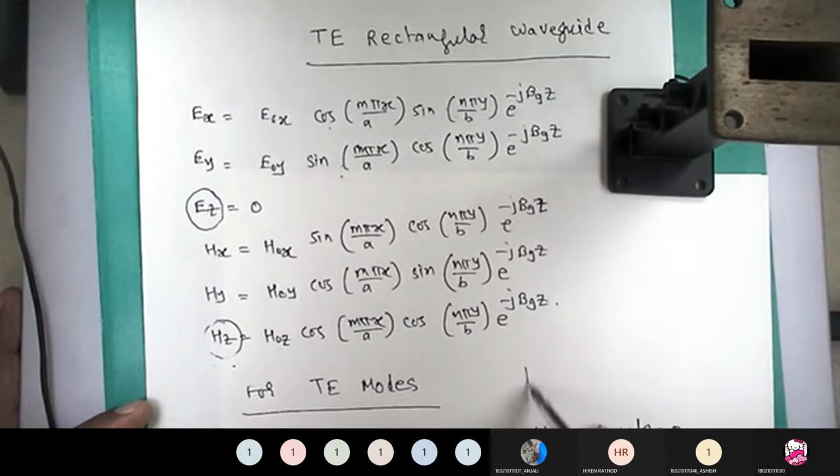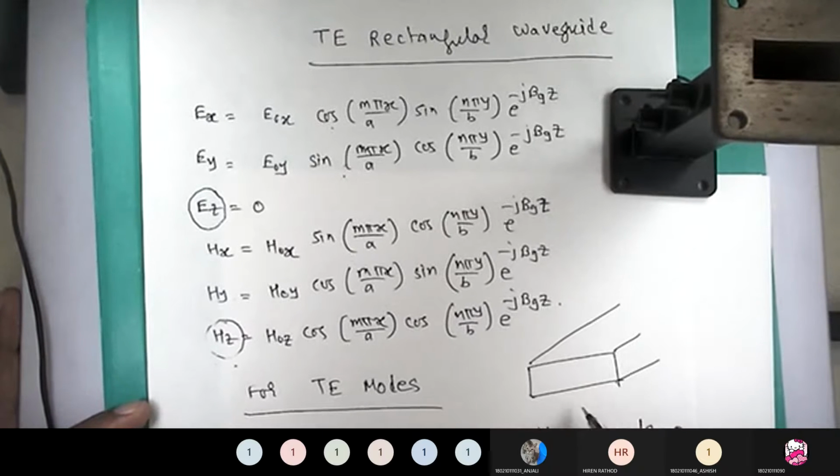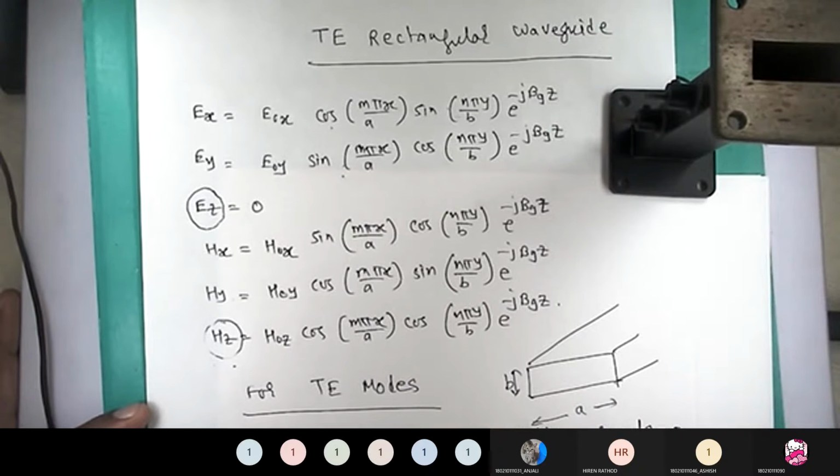It indicates that in our rectangular waveguide, the broader side we have used as a, and the narrow side we have used as b. Then if we consider that m equal to 1 and n equal to 0, it means that there is only one half wave variation in the broader side, that is nothing but the a side, while n equal to 0 means there is no variation along this narrow side, and it can be represented in this way.